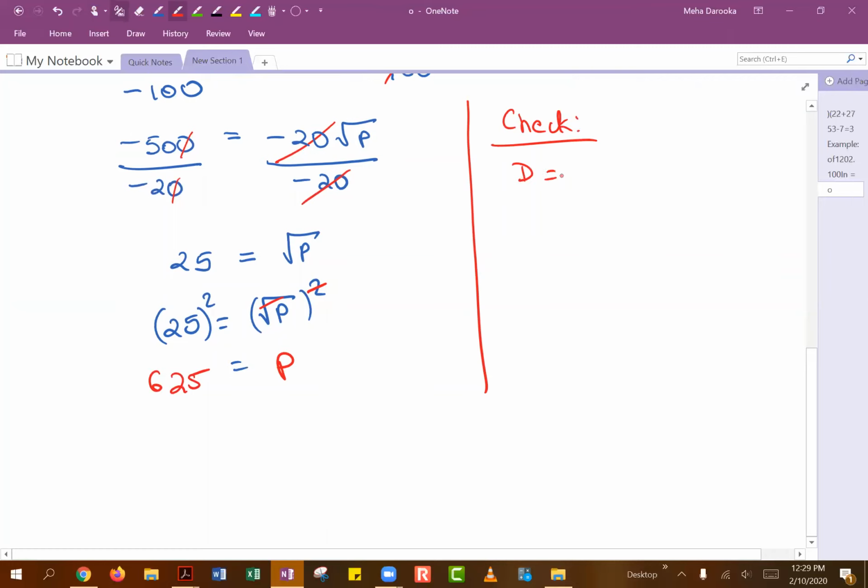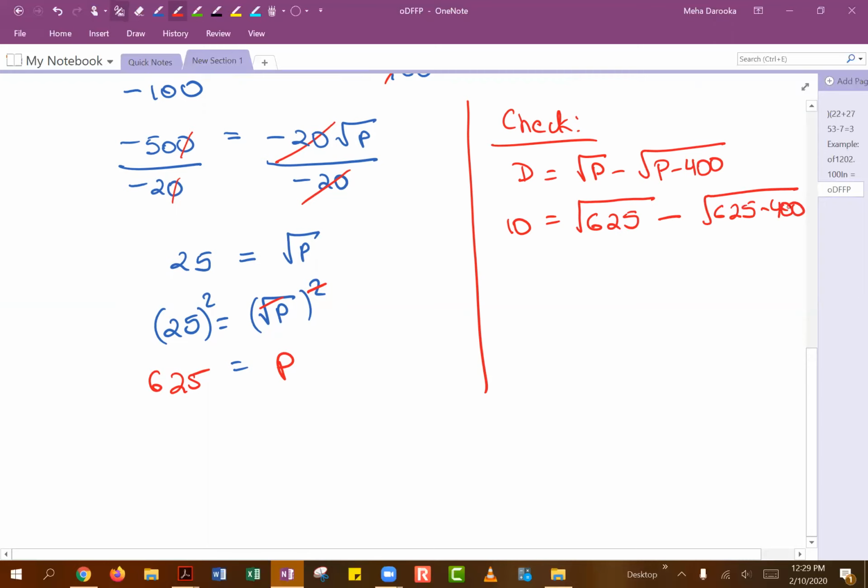It's D equals square root of P minus square root of P minus 400. They're telling us if you have 10 suits, our price is coming out to be $625. So that's P as 625. Square root of 625.